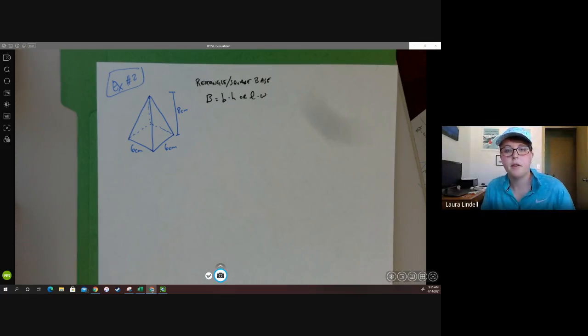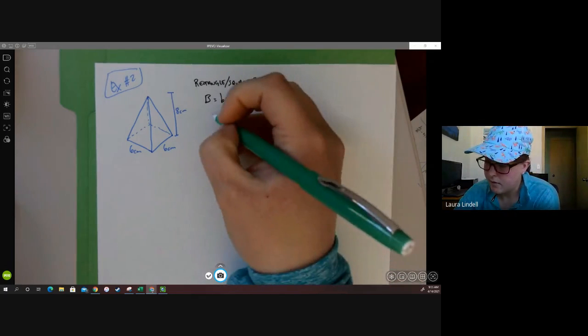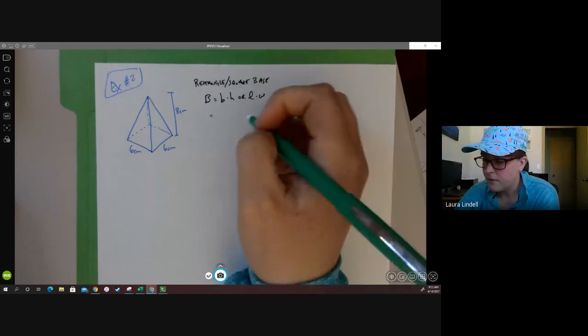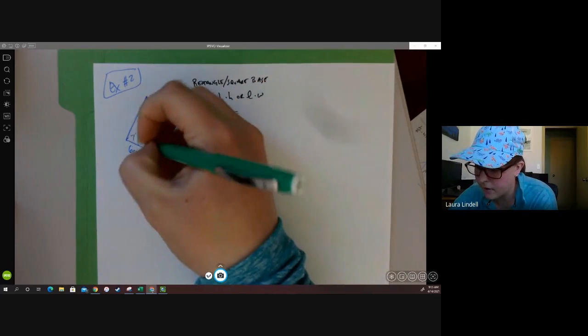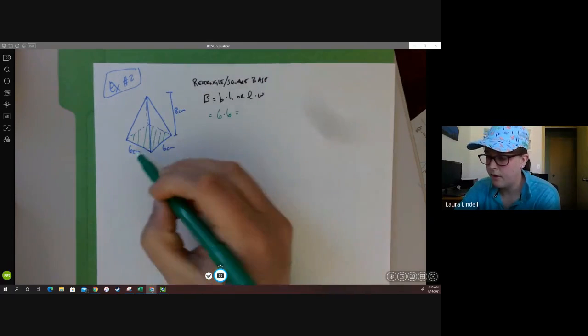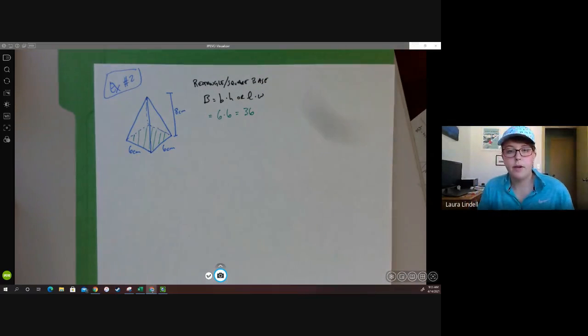So to find the area of the base, we just have to do 6 times 6. Since that's our base right here, these are our 2 base dimensions. So we get 36 there.